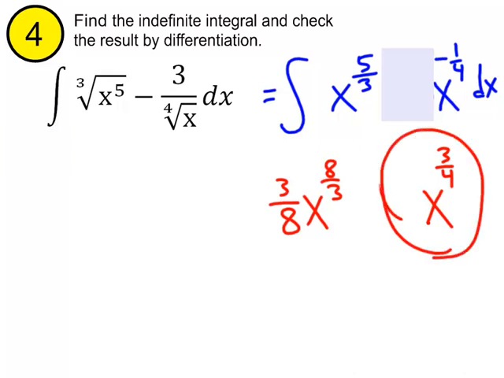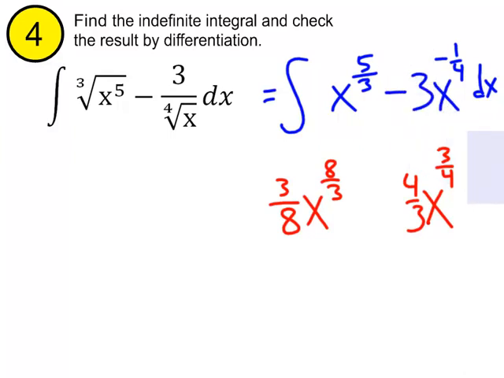And what do I need sitting in front here to balance out the 3/4? I'm going to need a 4/3. We have a minus 3 there. And let's not forget the plus c. And I hope you make sure that you fully understand why that plus c is necessary. It seems like a nuisance right now, but we'll eventually come to appreciate why it has to be there.